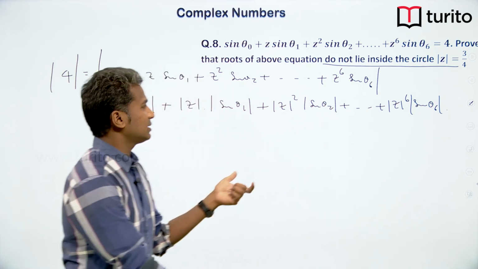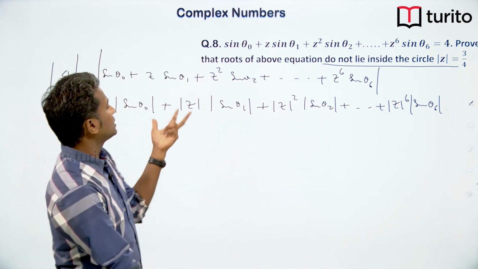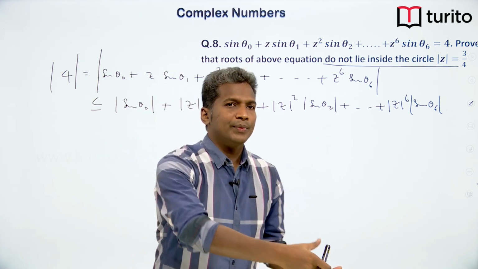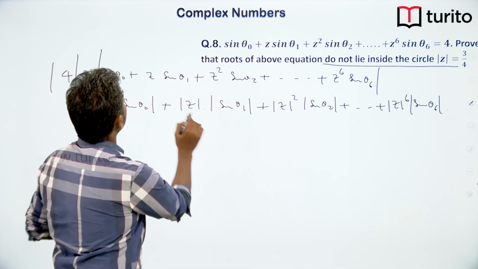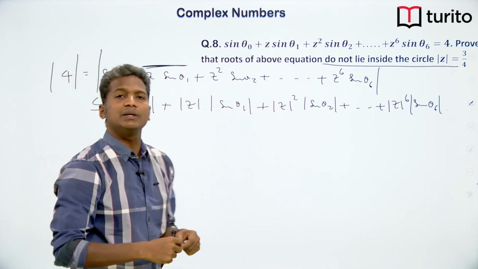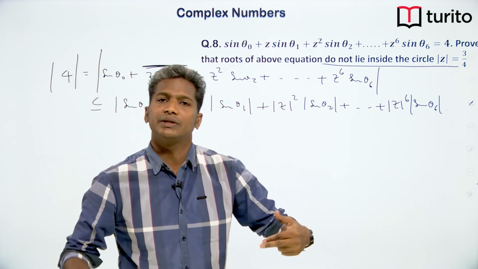I can write it like this. So, here what I did is I applied modulus individually for each term. Now, also in each term, when there is a product, I separate the product using mod of z1 z2 equal to mod z1 into mod z2.